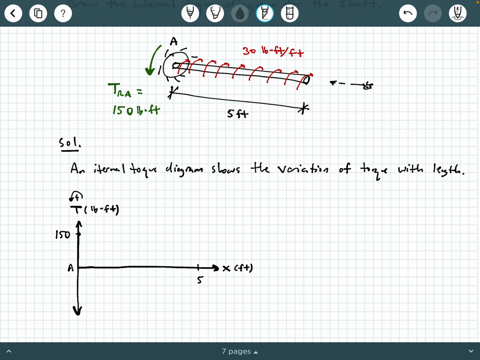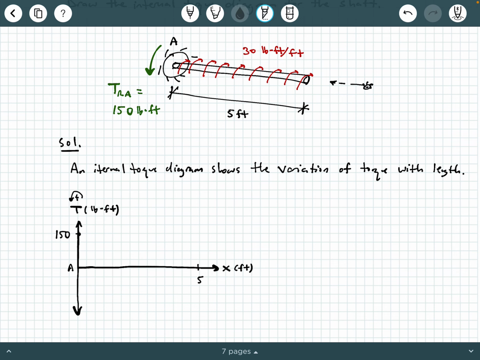Now, the next thing we encounter is the uniformly distributed torque moment, and it, again, has a magnitude of 30 pound-feet per foot. So that means every linear foot of shaft is going to be experiencing 30 pound-feet. And notice that it's counteracting. This 30 pound-feet per foot is counteracting what the reaction is.